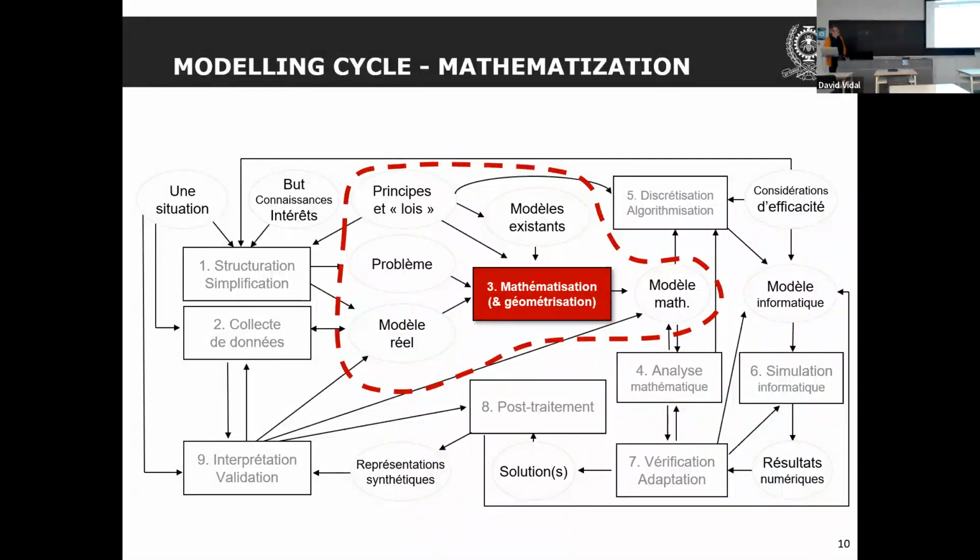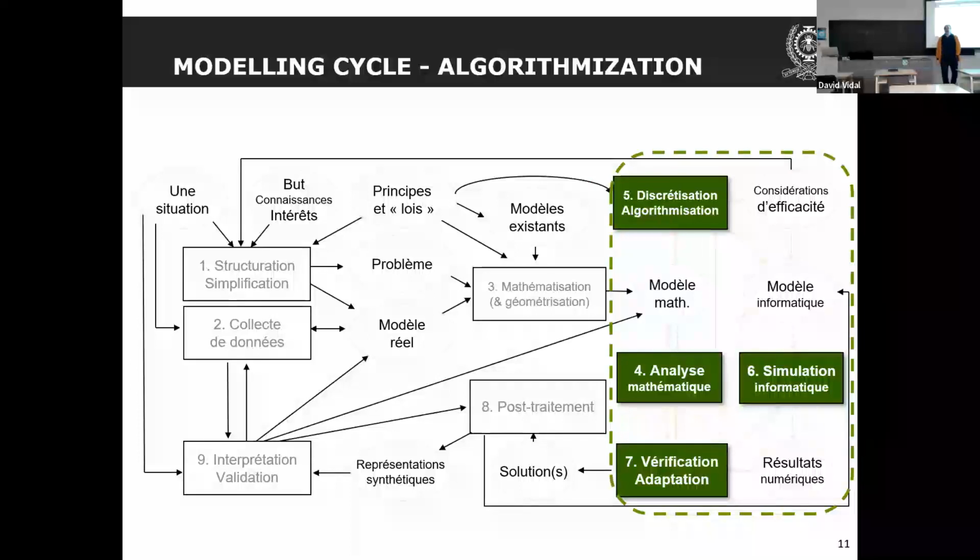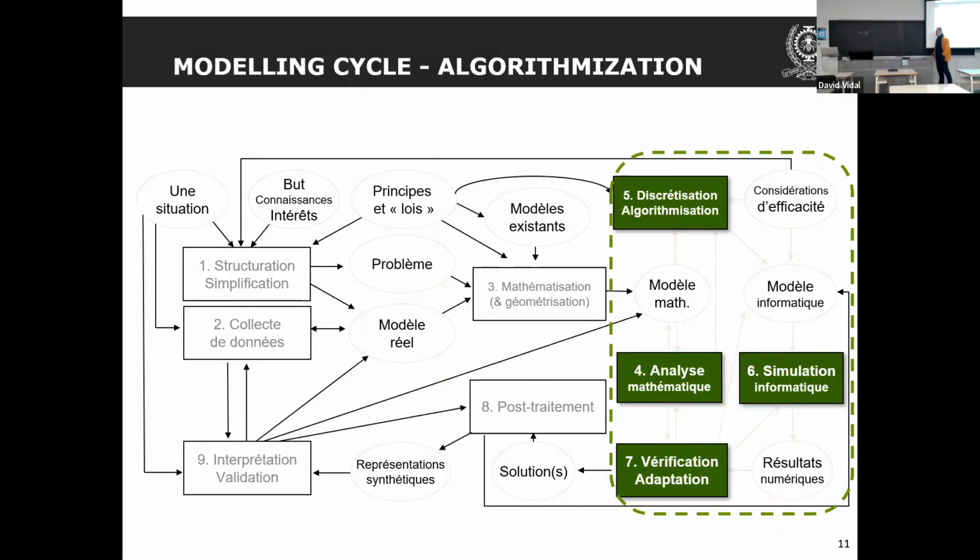If we move to the right, then we have the third part of this modeling cycle, which is the algorithmization of the problem. Once you have the mathematical equations, there is no computer that can solve a mathematical problem without coming up with a numerical scheme to actually solve it.